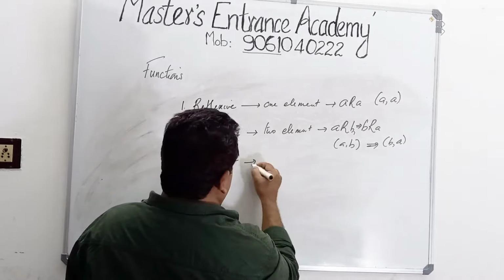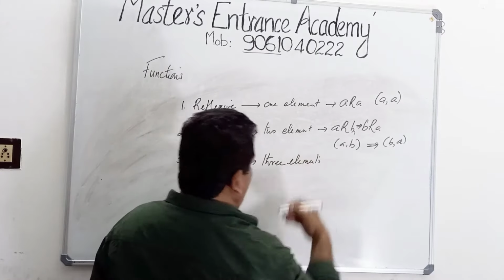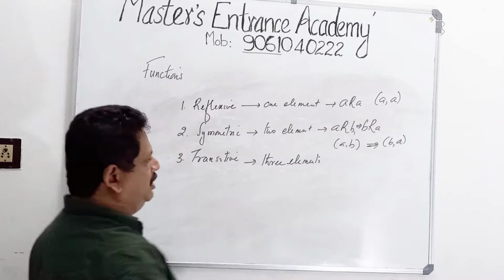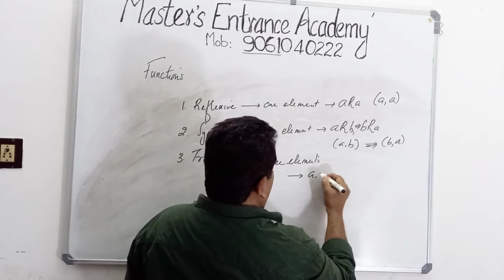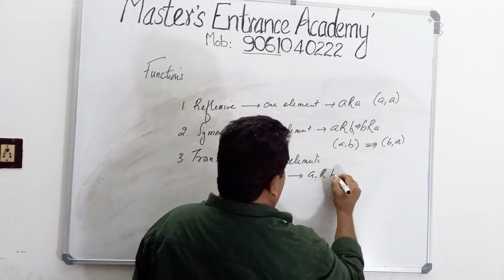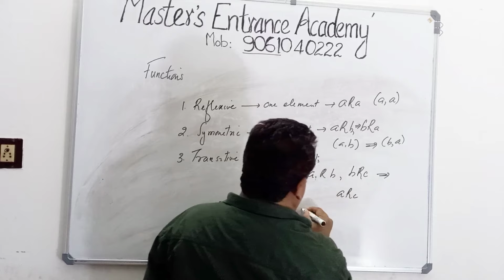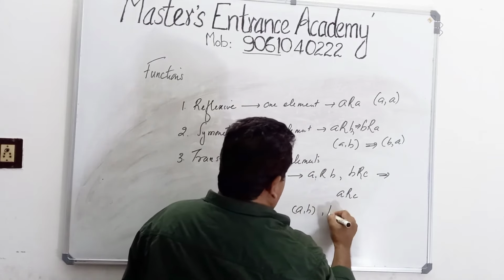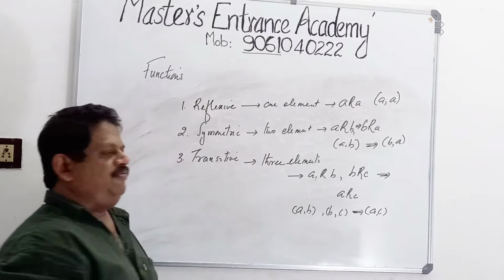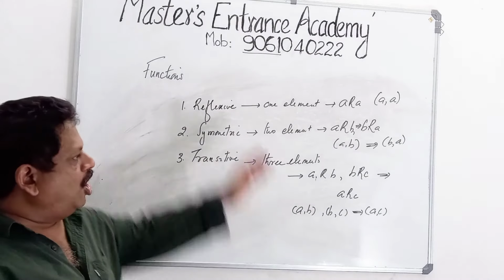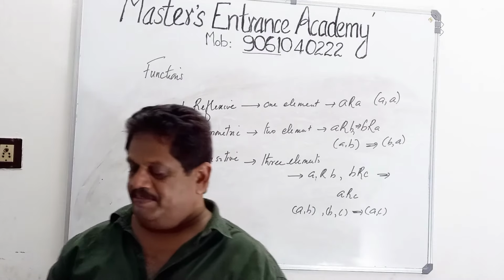We need three elements for that. We make it in this rule: A related to B, B related to C implies A is related to C. (A, B), (B, C), and that implies (A, C). This is what we have, and all three together are called an equivalence relation.